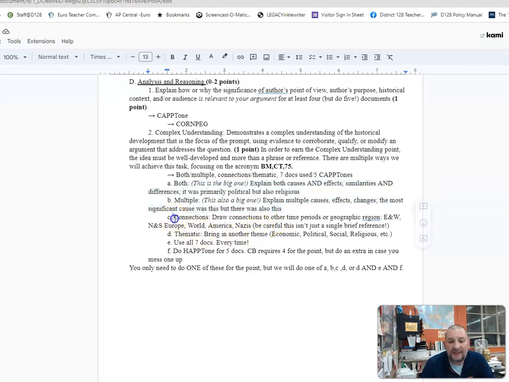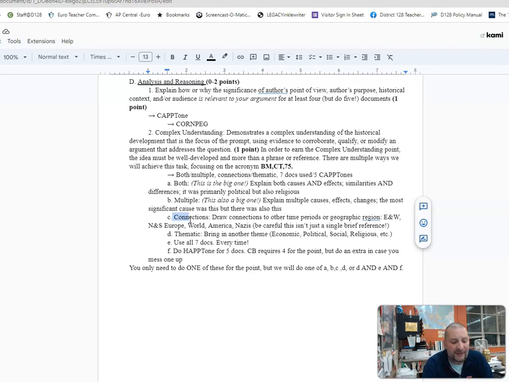Other ways to do it, connections. Draw a connection between other time periods or geographic regions. So the question, you build this whole argument about whatever the question is about trade in the Atlantic world, and then you're going to say, but you know what? It was also this way here at this point in time. Or it was also this way here in this geographic region.